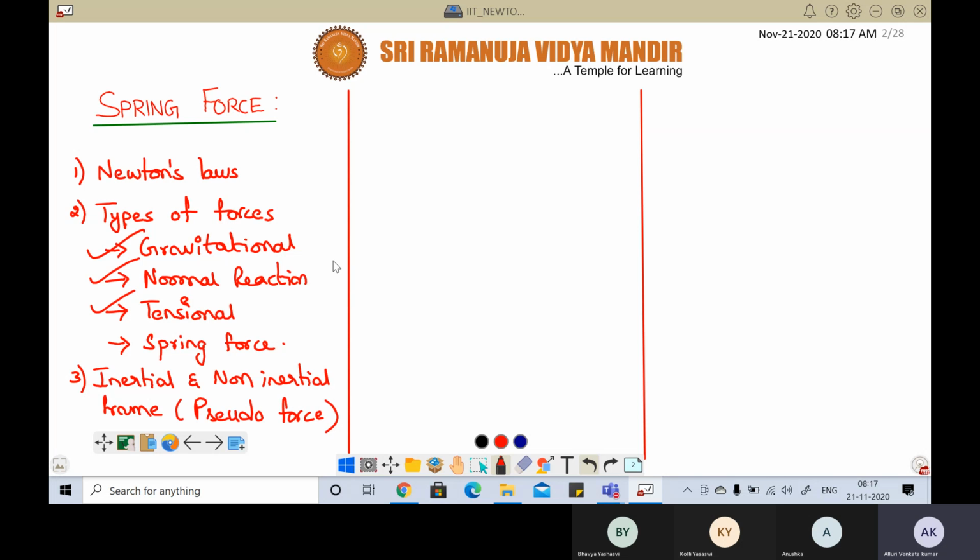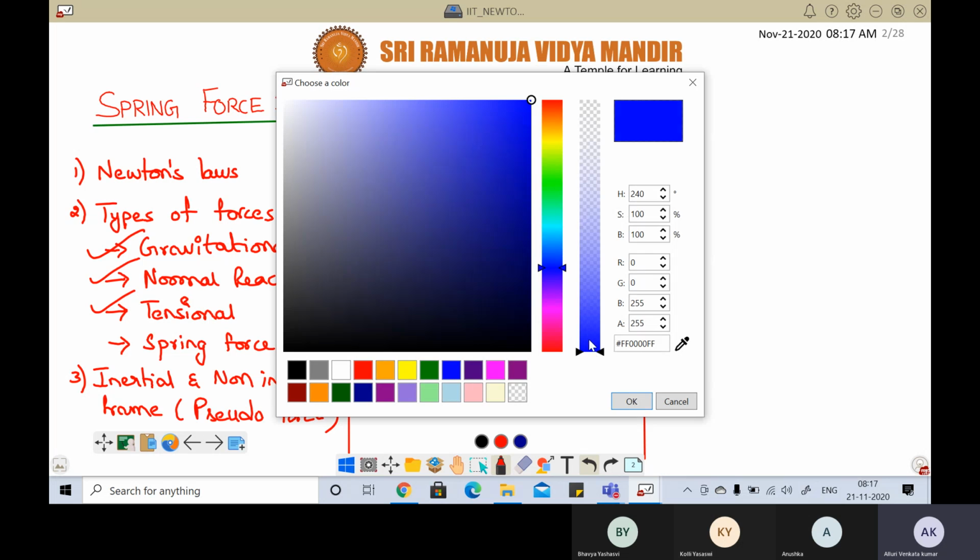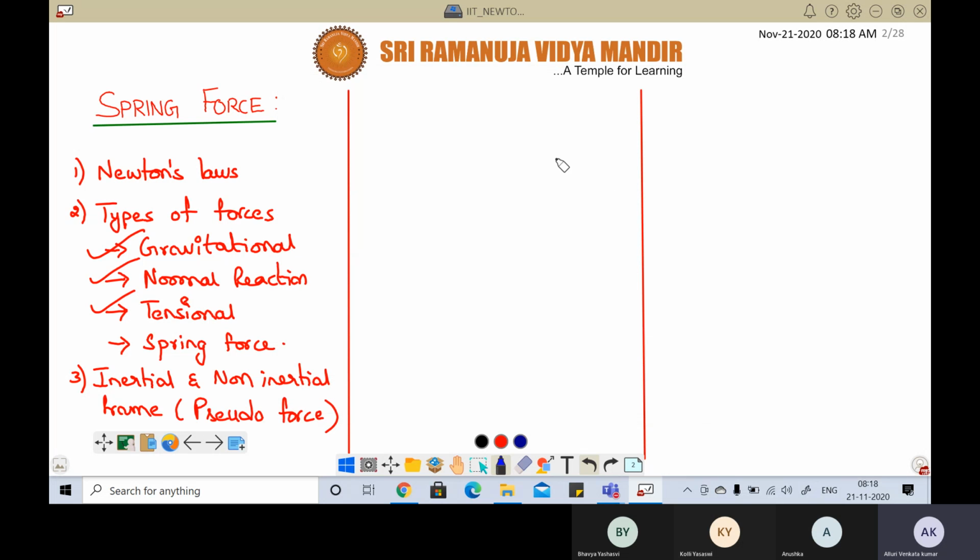Now you must have seen springs, correct or not? Suppose there is a spring here like this. Now if you compress this spring, that means if you apply force like this, what will happen to the spring?